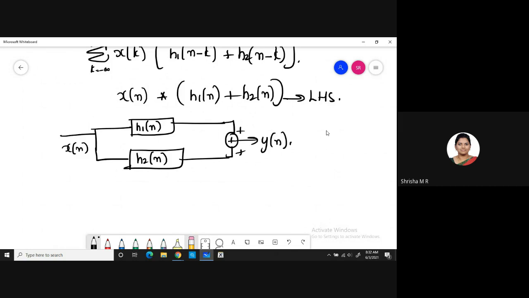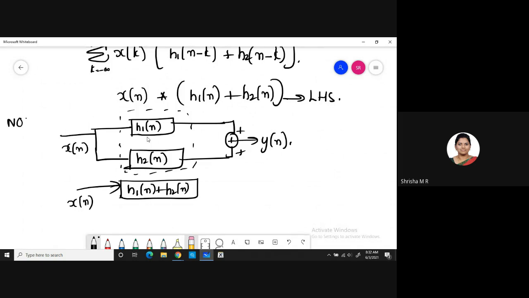So if we give x of n as input, you can replace the two systems in parallel by h1 of n plus h2 of n. This is important for interconnection of systems.